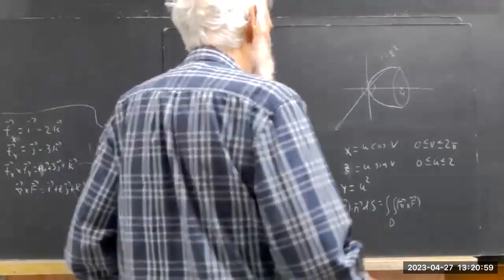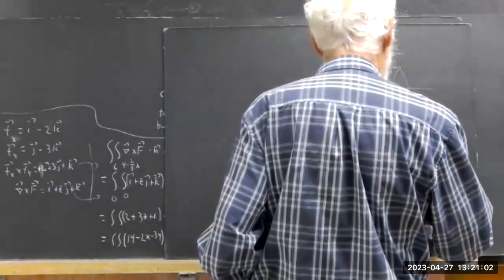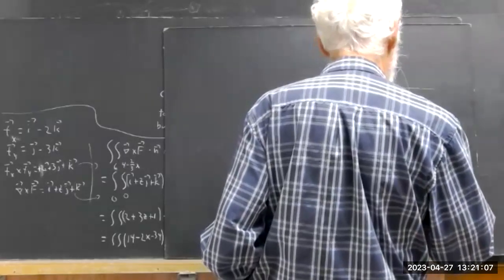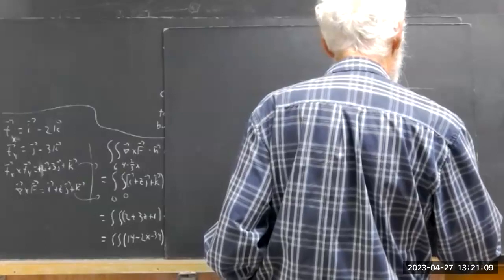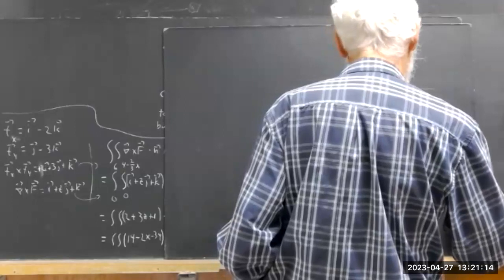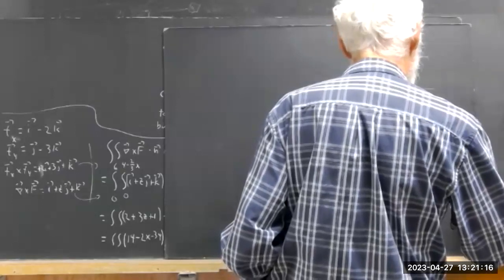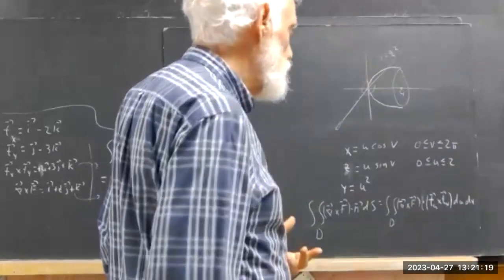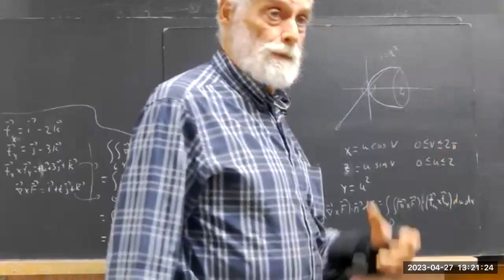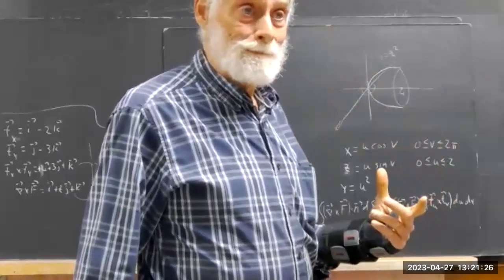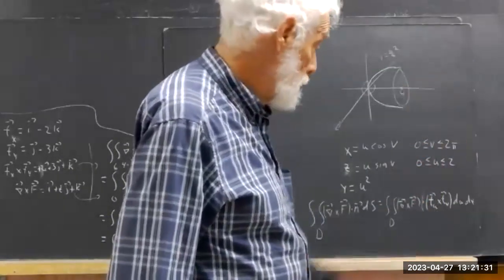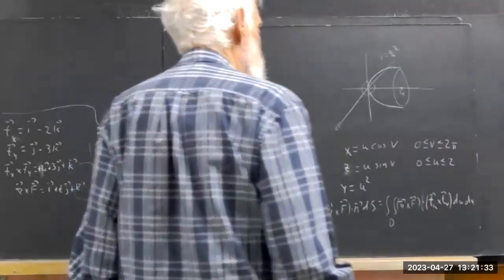It's this, dotted with this, and then du dv. And u and v have constant limits.